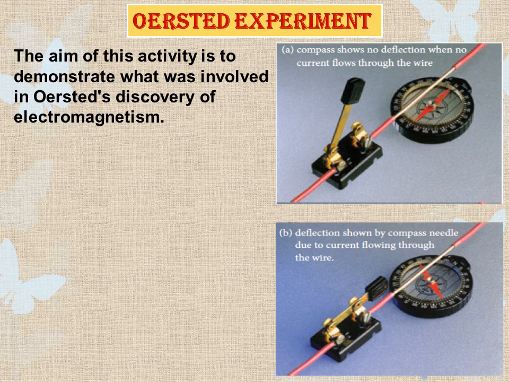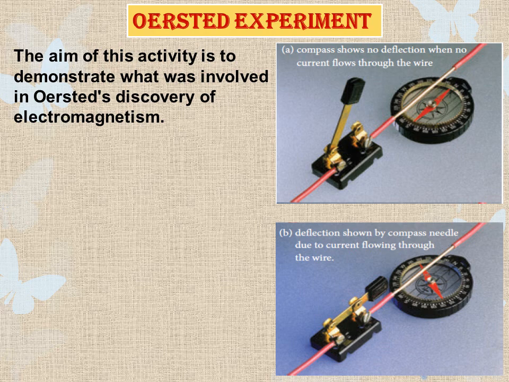Similarly, when the needle was kept above the wire and current was passed from A to B, the north pole of the needle deflected towards the east, and on reversing the direction of the current from B to A, it deflected towards the west. This indicates that the direction of magnetic field depends on the direction of current.